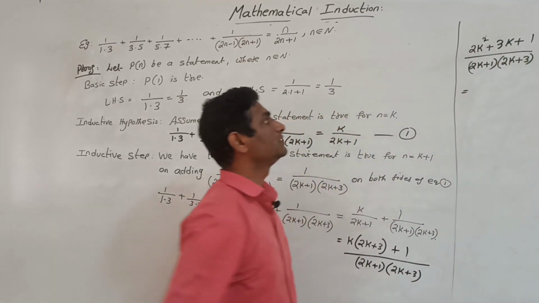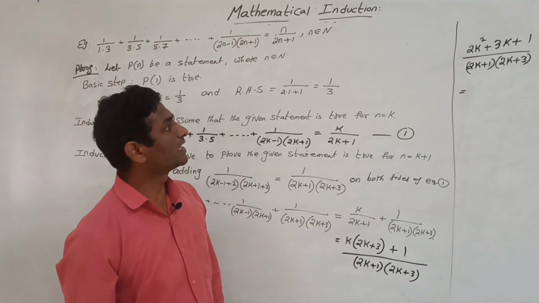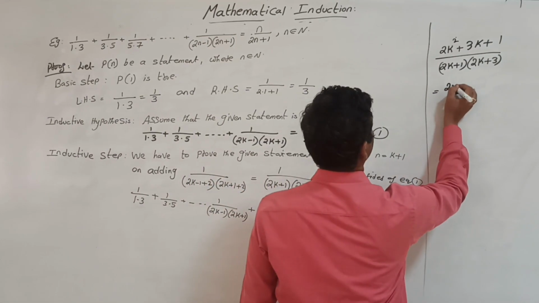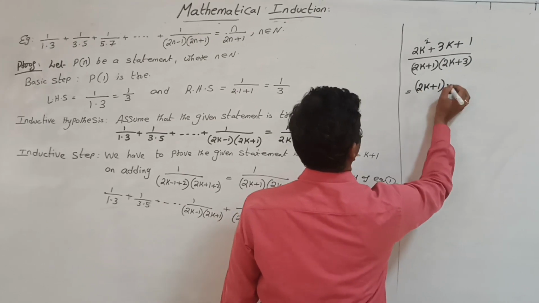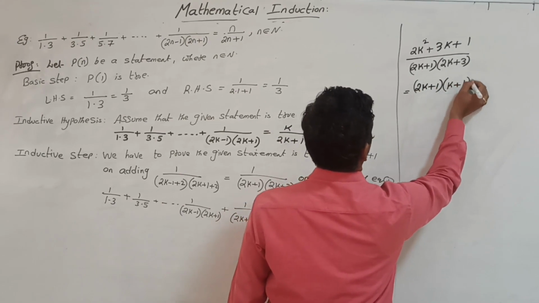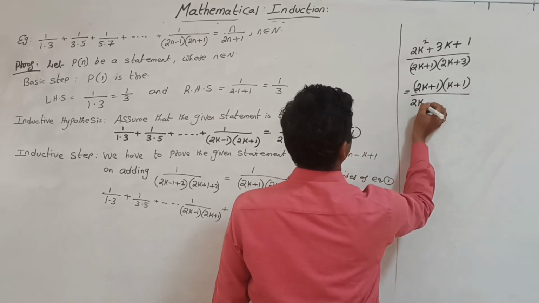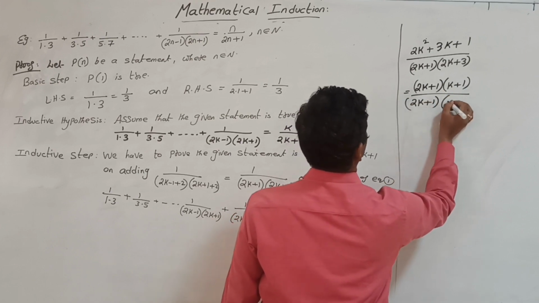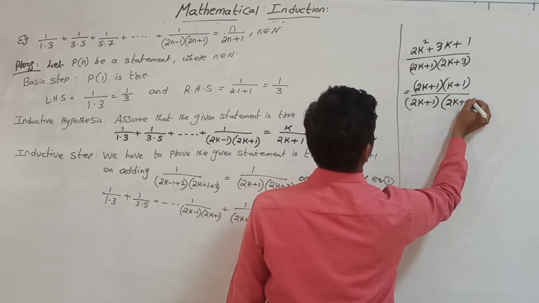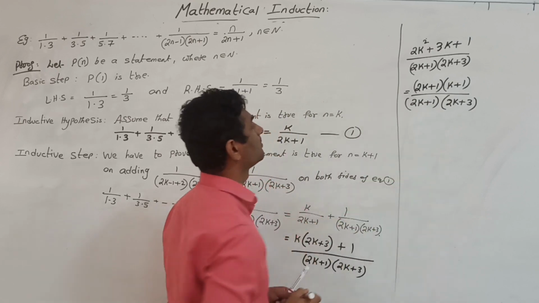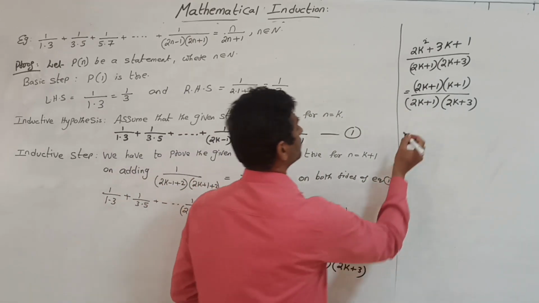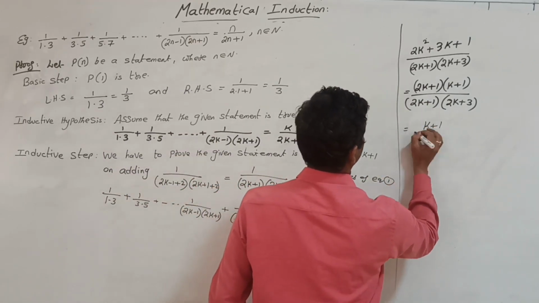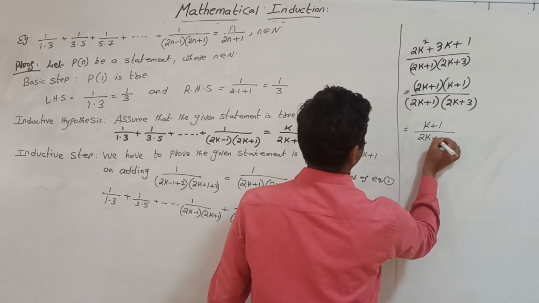Now, as the numerator is a quadratic expression, we can factorize it as (2k plus 1) into (k plus 1) by (2k plus 1) into (2k plus 3). So 2k plus 1 and 2k plus 1 get cancelled, and you will be left with (k plus 1) by (2k plus 3).